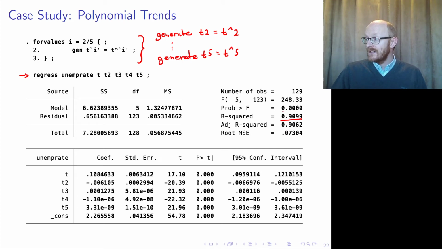The p-value for the F test is very close to 0, which means that we explain a significant amount of the variation in the data.